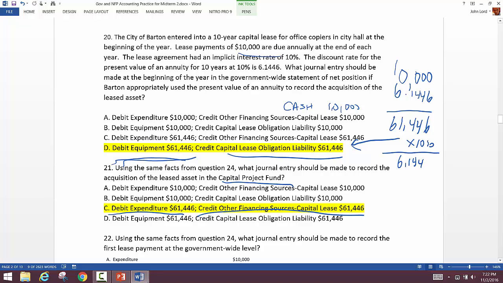So I'm going to debit interest expense, 6,144, right? Okay, what else? We need more debit to make this journal entry balance, don't we? Now I'm going to credit the what? Obligation liability?